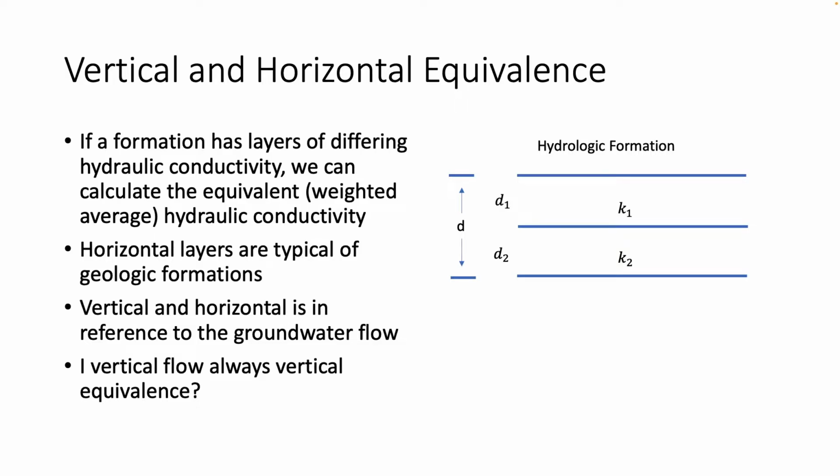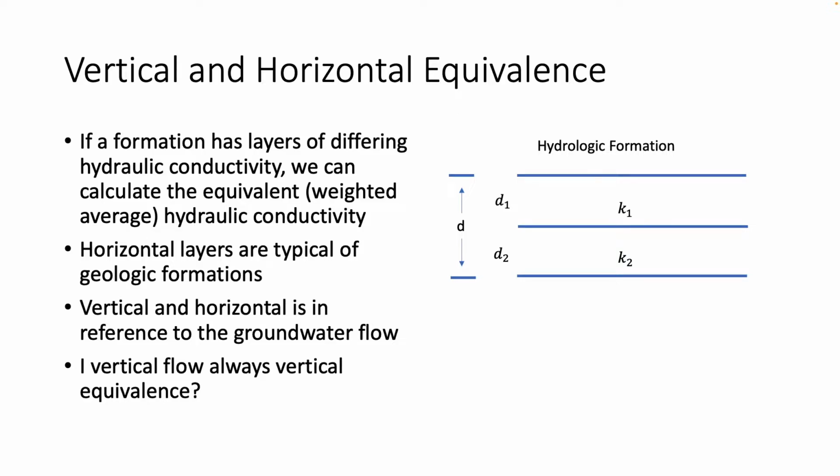So when you have overlying layers of different hydraulic conductivities, typically you want to express the formation as just one hydraulic conductivity. And so how do we do that?